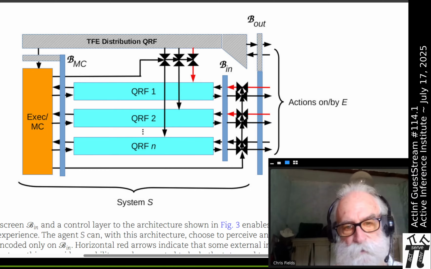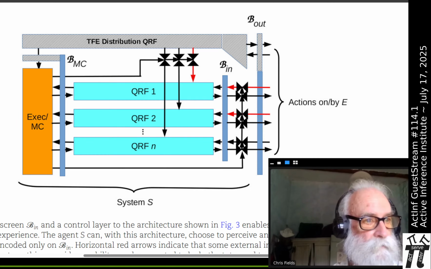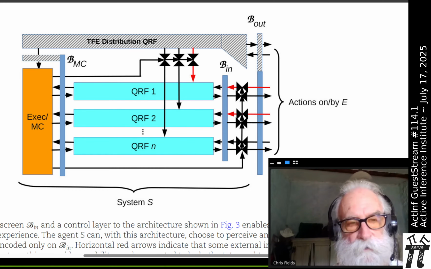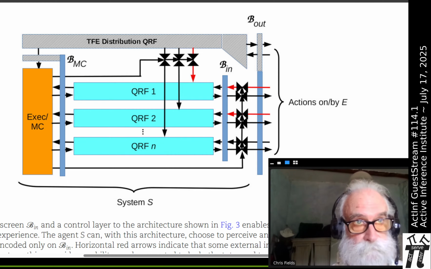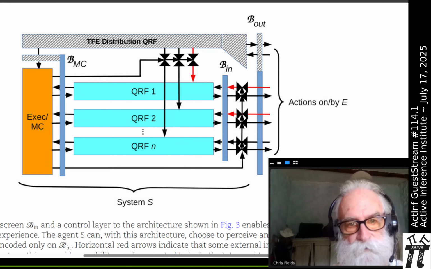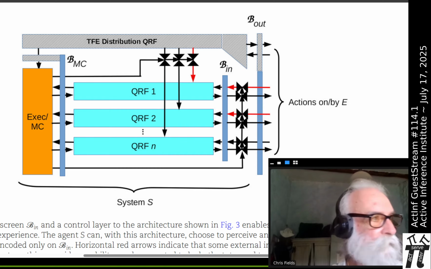So that's what we're trying to provide here. And we've hopefully provided a very simple, bare bones kind of minimal assumption model of what's required for this kind of phenomenology.